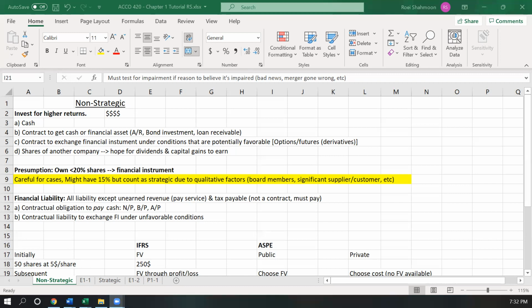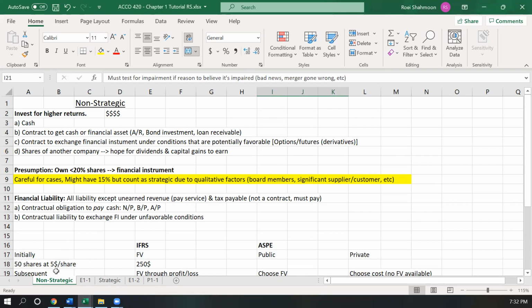Okay, so this chapter that we're going to do today, chapter 1, is really taking a look at the basic building blocks of the class. And just as a little example here, we're going to divide this chapter into non-strategic and strategic investments.